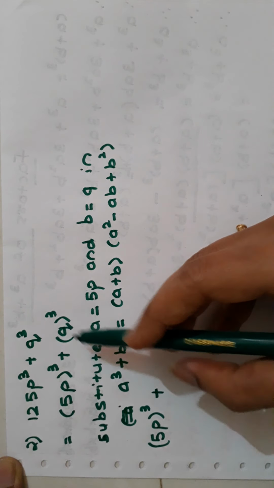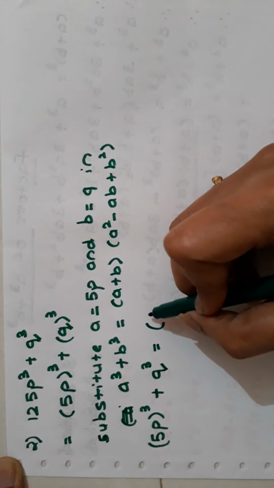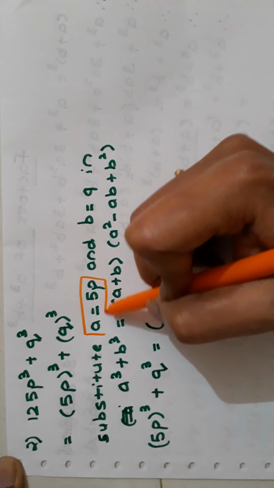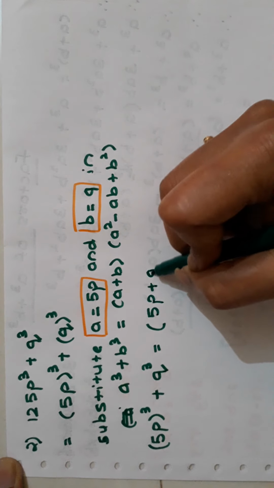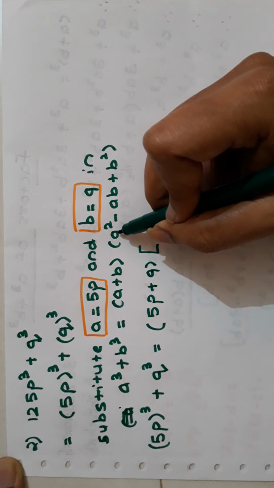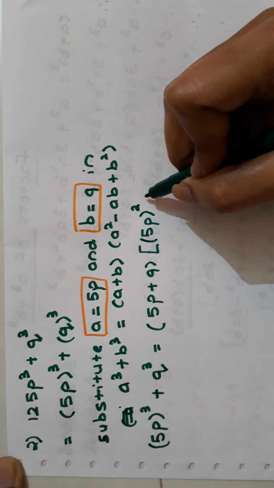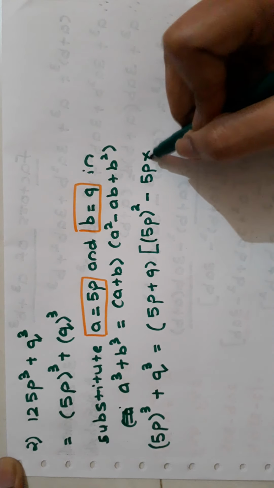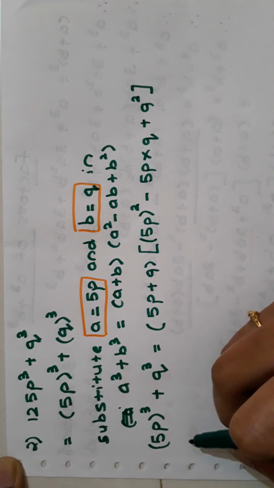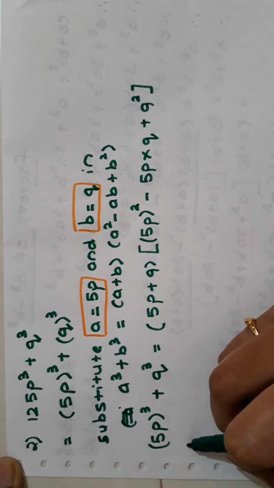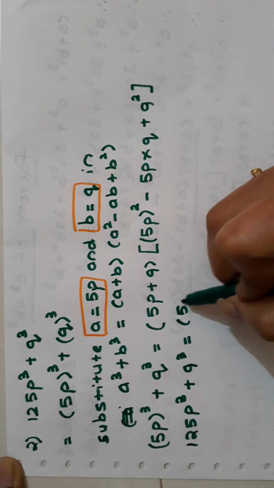Plus b has only one term, so we write q cube, is equal to a is 5p plus q, times a is 5p, coefficient into variable, so put a bracket and then square outside, minus a is 5p into q, plus q square. 5p the whole cube, by law of indices, is 5 cube, 125p cube, plus q cube is equal to 5p plus q.